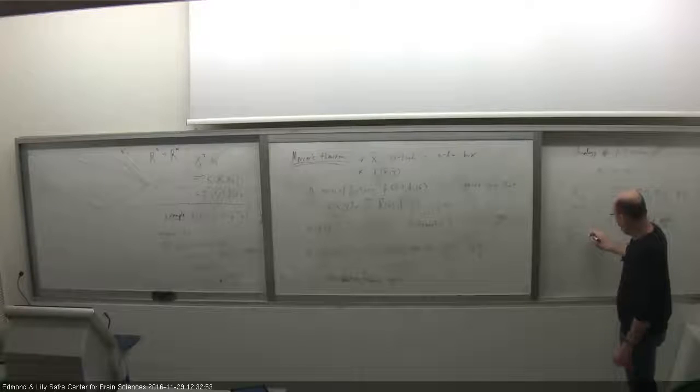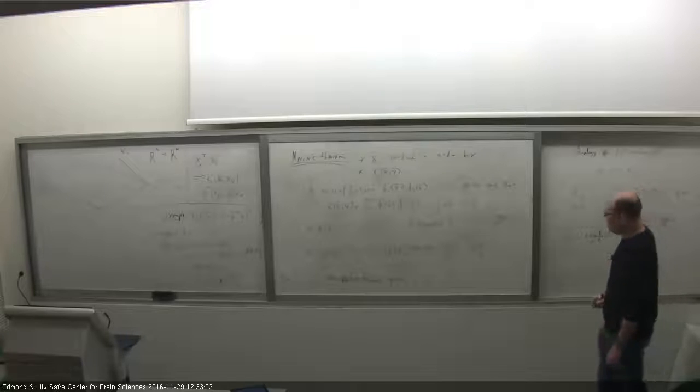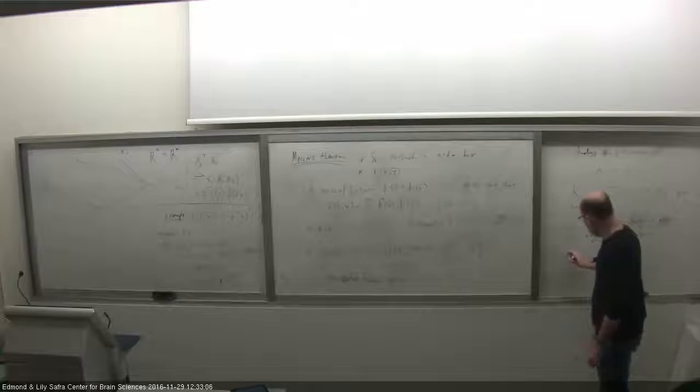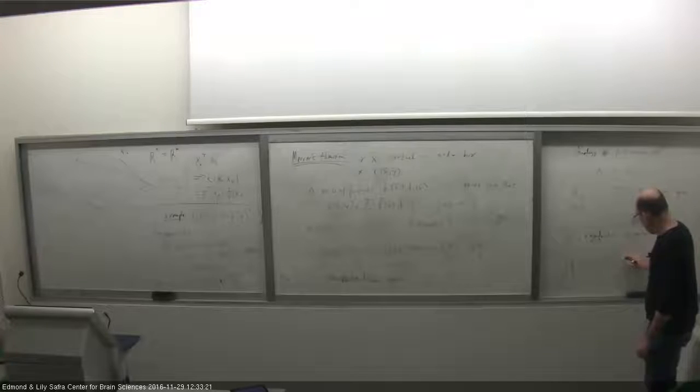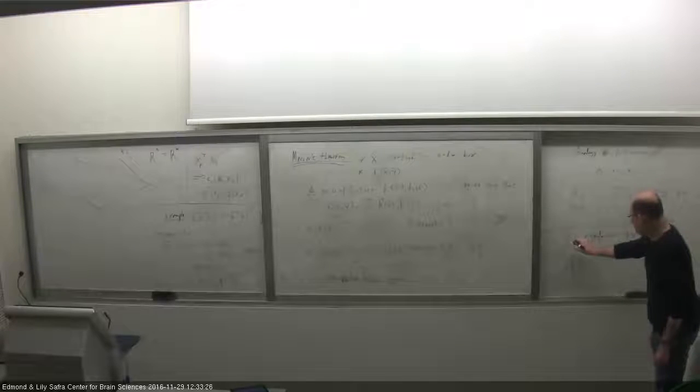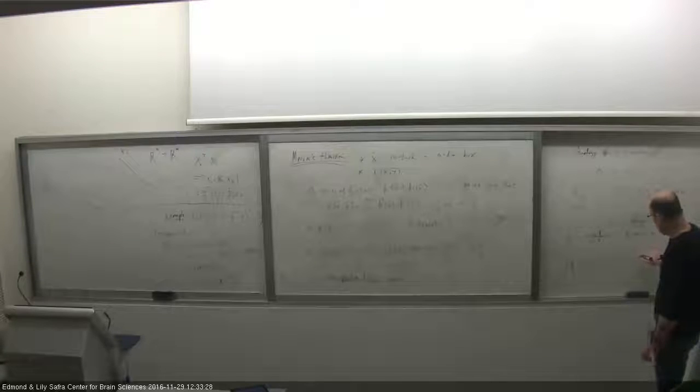Phi are eigenfunctions of the operator K, meaning that each one of them has the property that the integral dx of K of x, y, phi of x is equal to some lambda_i times phi of y.